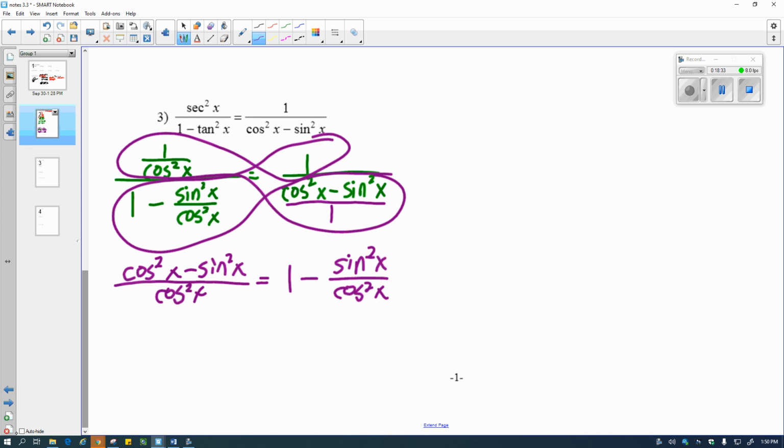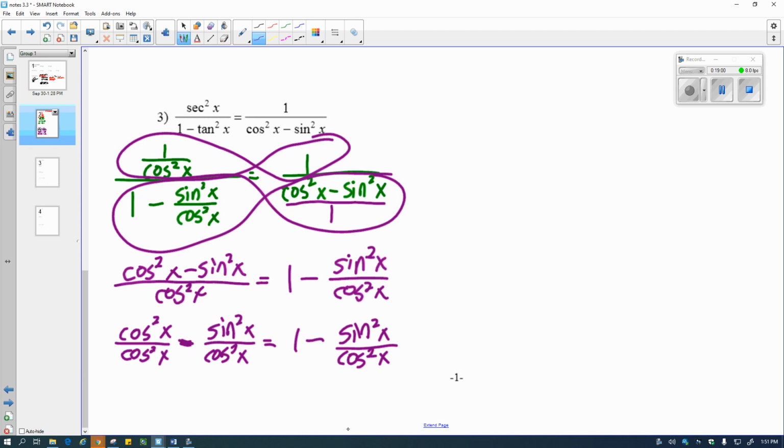Now I recognize, hey, I bet I could break this down just like I did in problem number 2. I could write this as cosine squared over cosine squared minus sine squared over cosine squared equals 1 minus sine squared over cosine squared. And hopefully you're thinking, oh, wait, I see it.